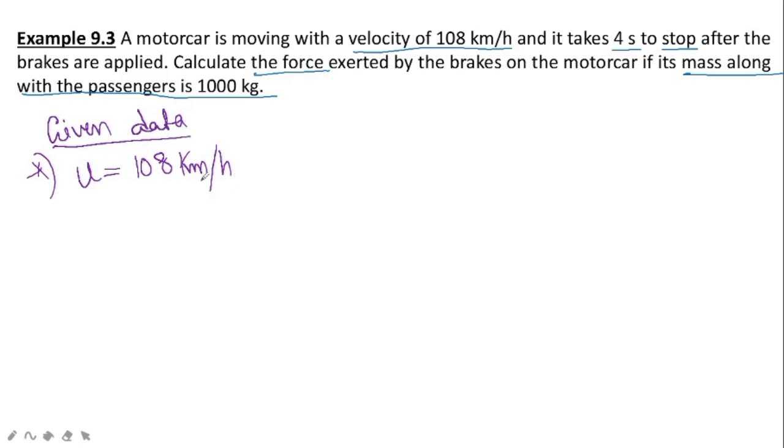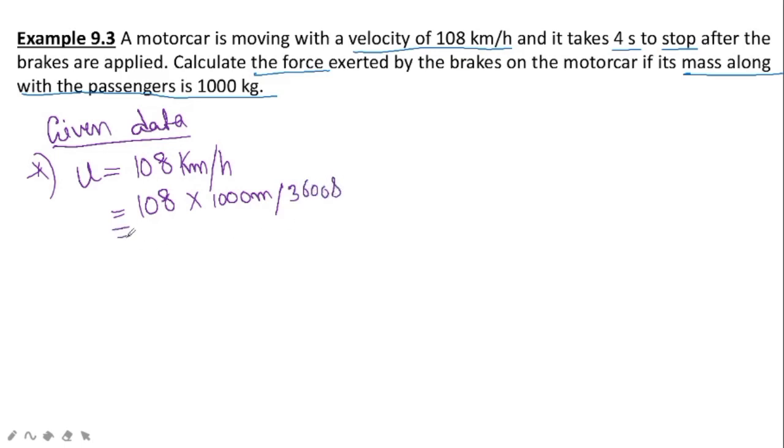So on converting this 108 km per hour into meter per second, we will get 30 meter per second. How? This is 108 km per hour, which is multiplied by 1000 meters divided by 3600 seconds.